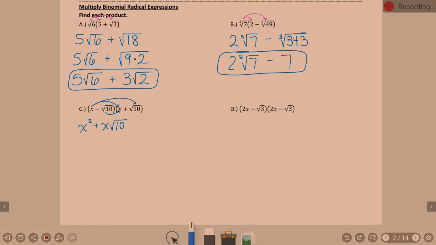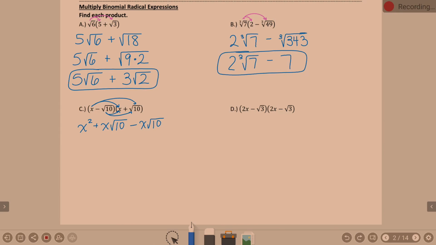is going to be negative square root of 10 times X. Negative times positive is going to make it negative. And then square root of 10 times X, we can just write it as X square root of 10. And then last, negative square root of 10 times positive square root of 10.